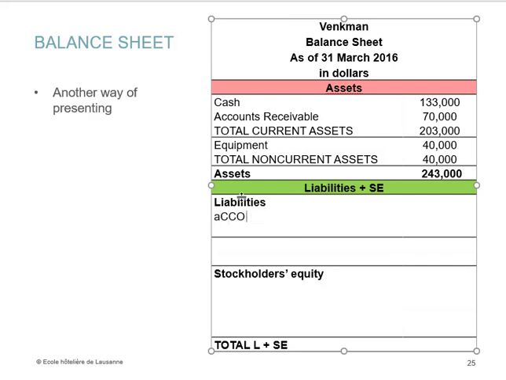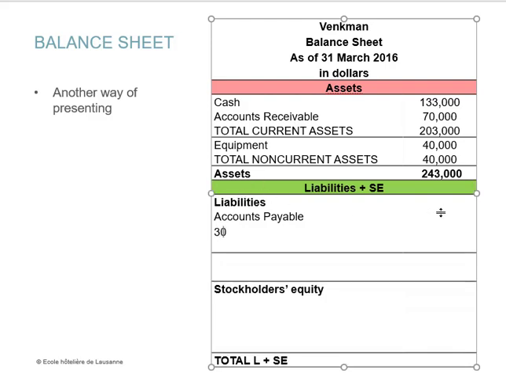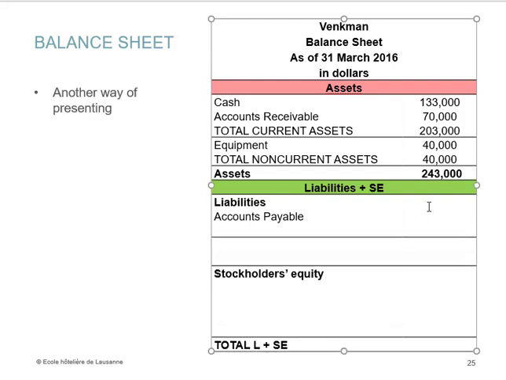Here we have accounts payable, the amount is 30,000, and it's our total current liabilities.